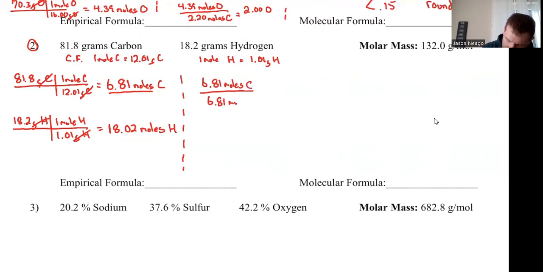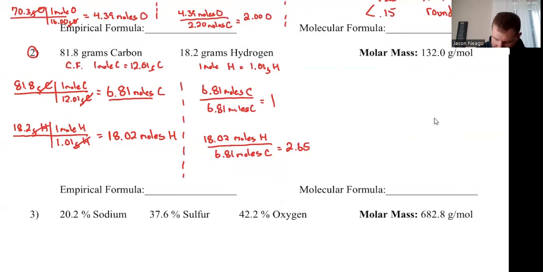Carbon divided by 6.81 moles of carbon gives me a 1, and 18.02 moles of hydrogen divided by 6.81 moles of carbon, 18.02 divided by 6.81, and I get 2.65. All right, so in my next step, I'm going to make my whole number ratio.